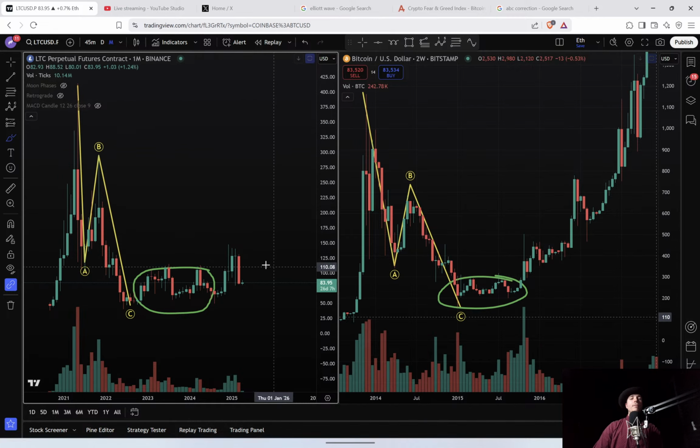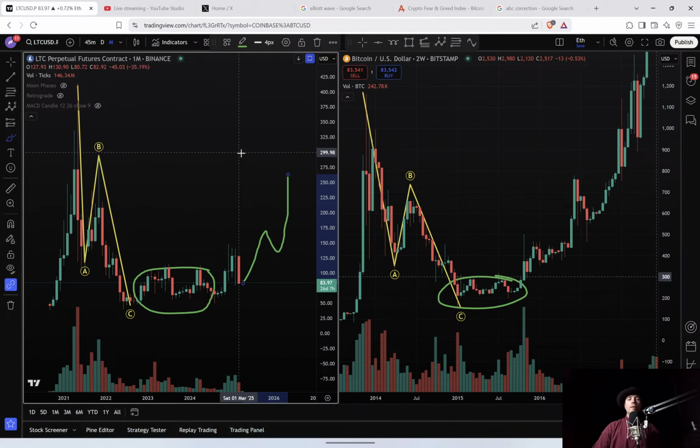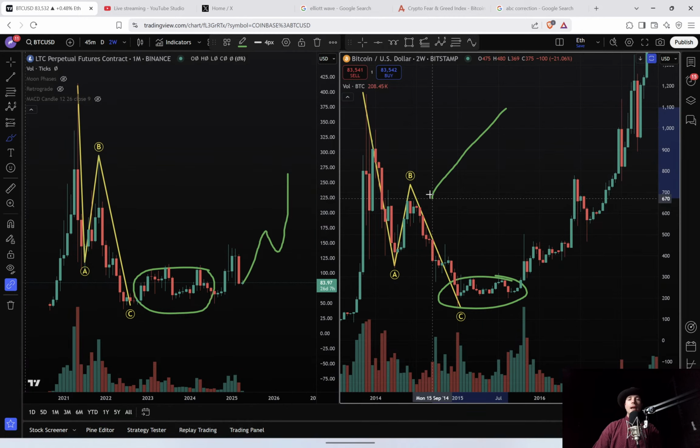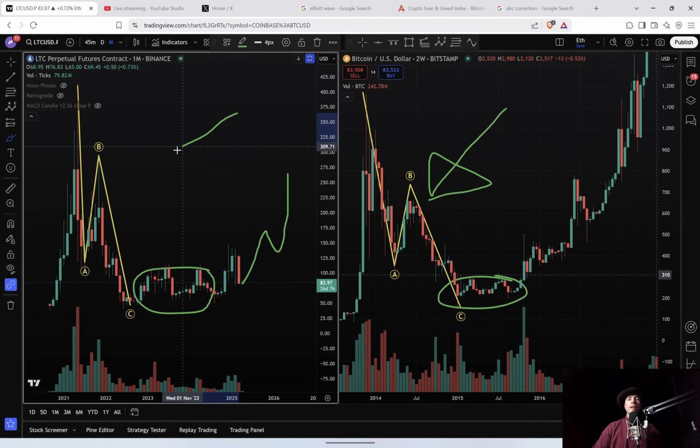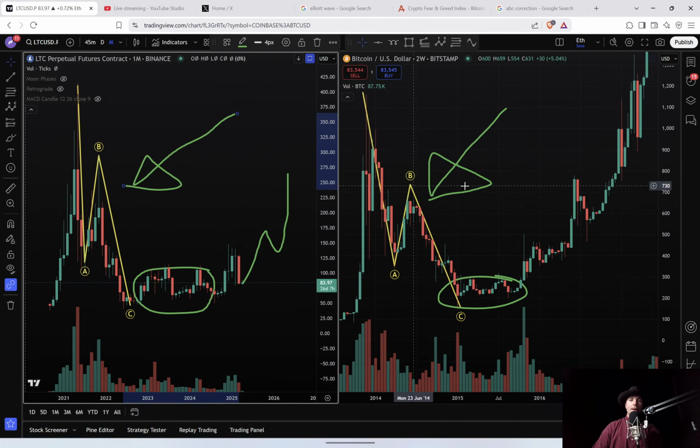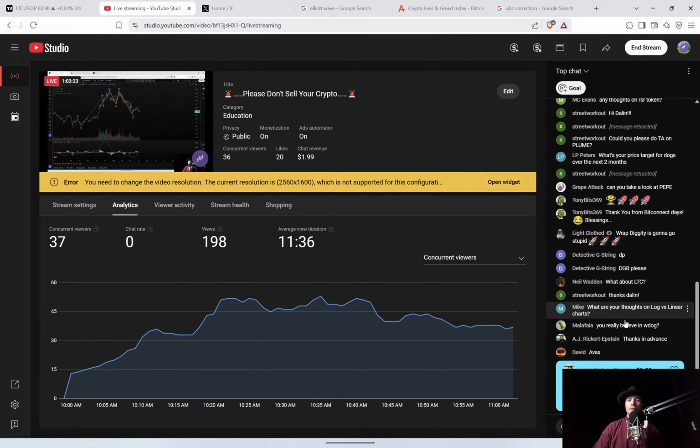So I really believe Litecoin will head into a bull market here and start to turn around as a result of this ABC correction that we've already seen historically on a lot of different coins and markets throughout history. And it's not just Bitcoin. This ABC correction is valuable and useful to draw and to look at.